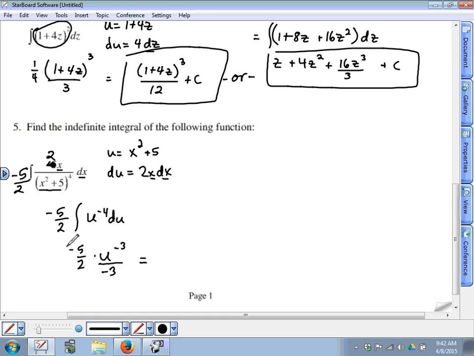A negative and a negative multiplied together will be positive, so those become positive. So it's 5 over 6 times u to the 3rd. So it's 5 over 6 times x squared plus 5 to the 3rd power plus c.